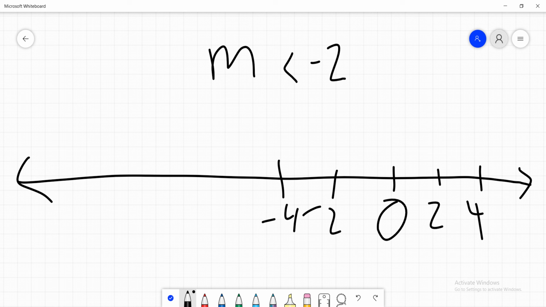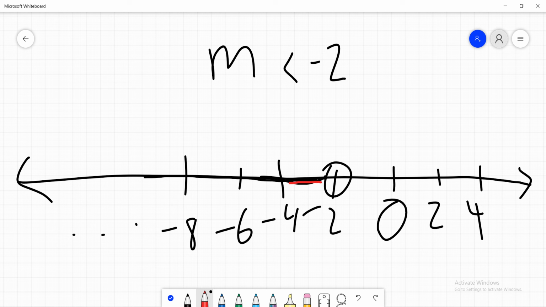So it'd be -4, -6, -8, and so on. I would put my open dot at -2, and I just darken this part of the graph. Let me do it in a different color so you can see it better. Just darken it, put an arrowhead to show that it's an infinite thing. And that is my inequality graphed on a number line.